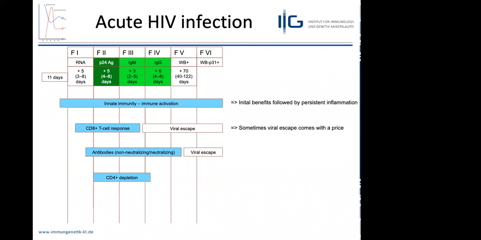From Fiebig 2 on, we do see a CD4 cell depletion, and the viral reservoir is increasing dramatically during Fiebig 1 and 2. So the concept from this is, if you want to address or prevent the establishment of the reservoir, we have to treat quite early.